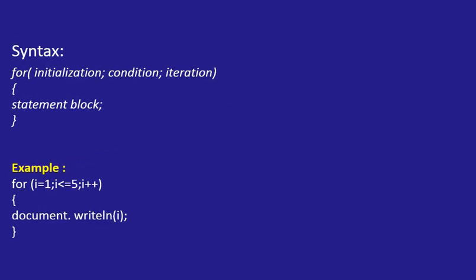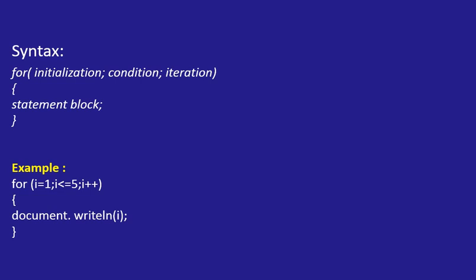Let's see the syntax of the for loop statement. The syntax is: first you have to use for, then in a bracket initialization, then condition, and then iteration. Initialization means assigning an initial value to the variable, for example i = 1.